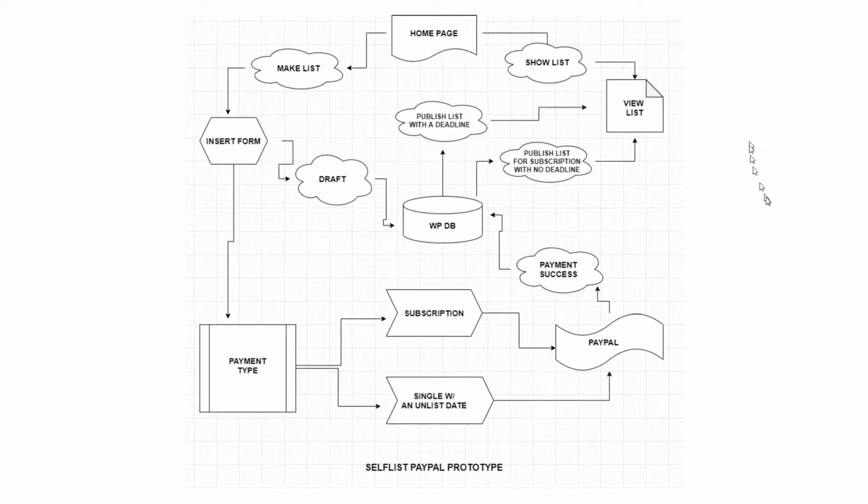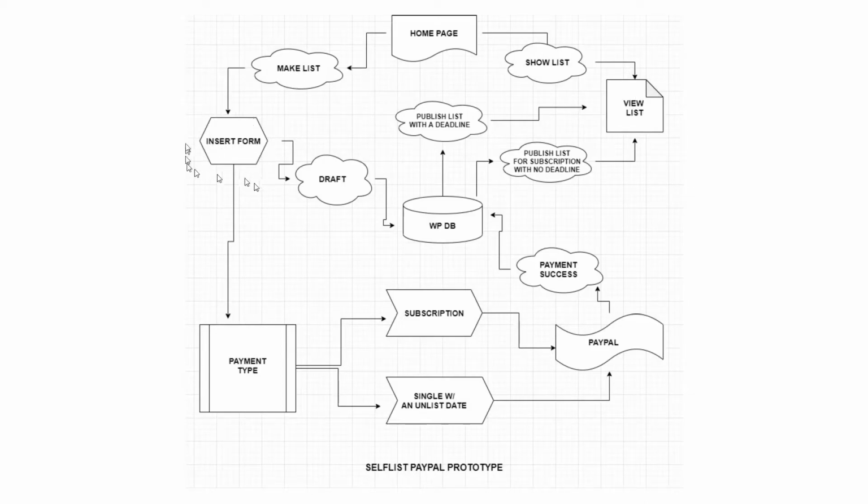All right, so basically, as you saw on that home page, there are two buttons, make list and show list. Show list goes to the view list page where all the lists are showing, and the other one goes to this insert form.